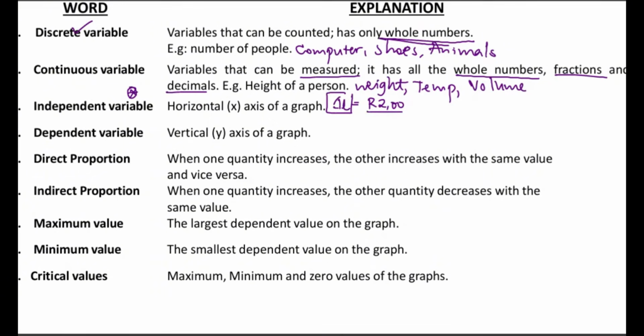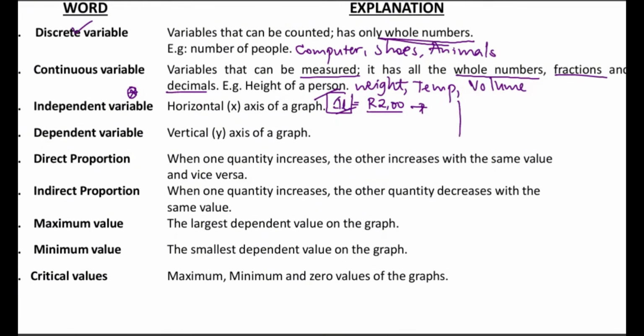Okay, now these ones, as you plot the graph, we shall always put them on the x-axis, which is the horizontal line. Then the dependent, the ones that depend on whatever is given to them, for example the cost in this scenario, will always be on the y-axis, which is the vertical axis. You should remember that when you're drawing a graph.